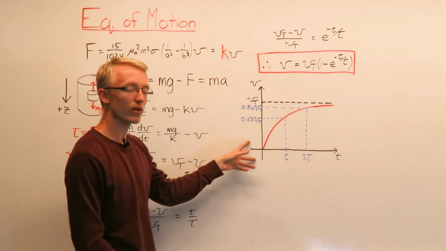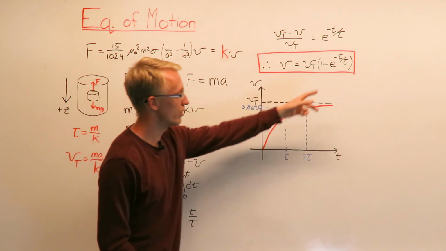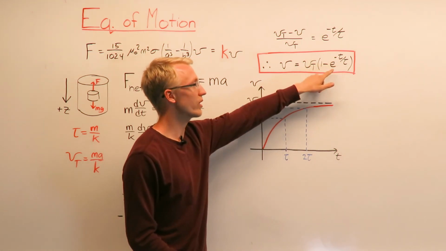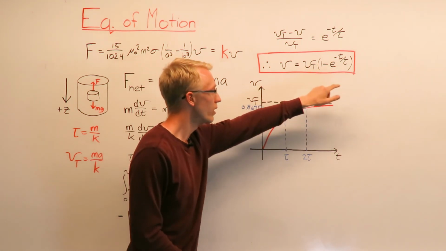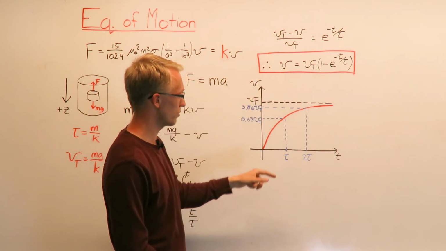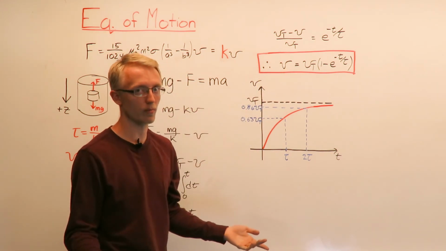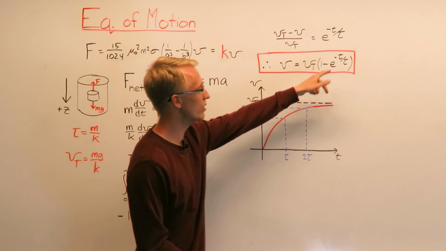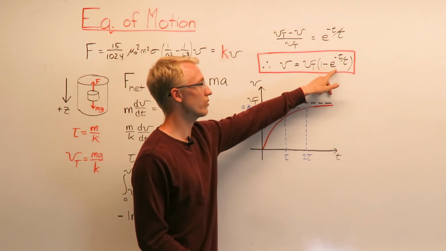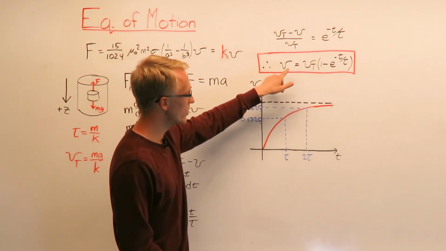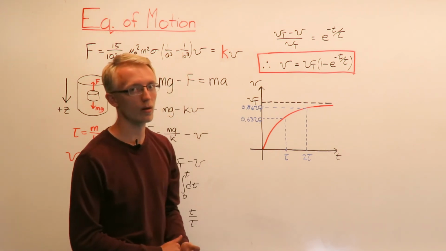Here in the plot of the equation, you can see that when t is equal to 0, this exponential term is equal to 1, and the velocity is equal to 0, like expected. You can also see that when t is equal to infinity, the exponential term becomes 0, and the velocity becomes the terminal velocity.